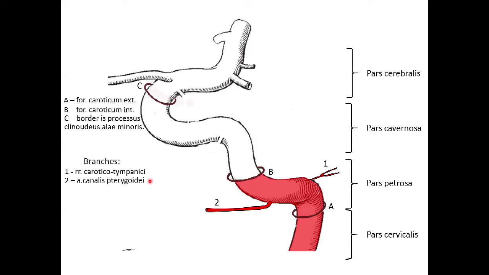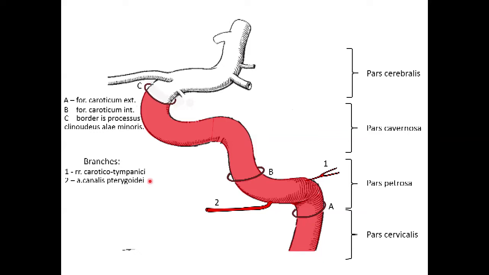So in this Pars petrosa, we have found only 2 vessels, 2 branches. And now the next part, Pars cavernosa.